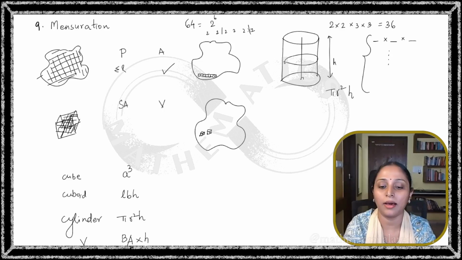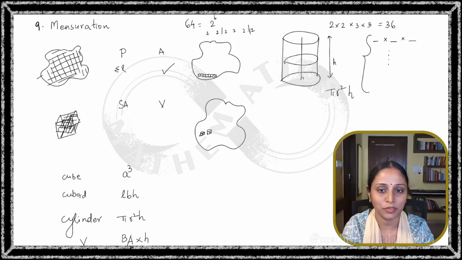So all I'm requesting you to do is this particular sum, although the understanding that they want from this particular question is quite straightforward and simple. I want you to remember this sum.